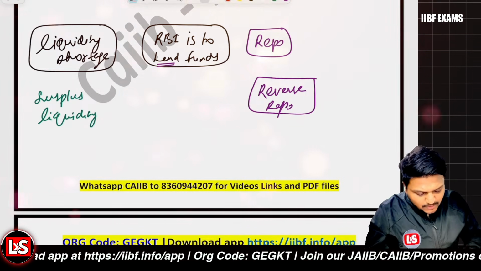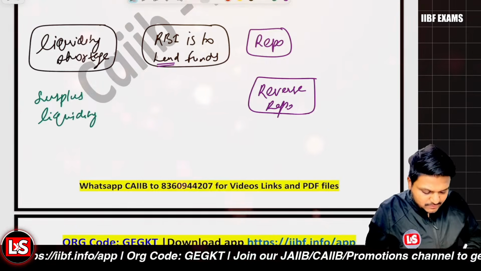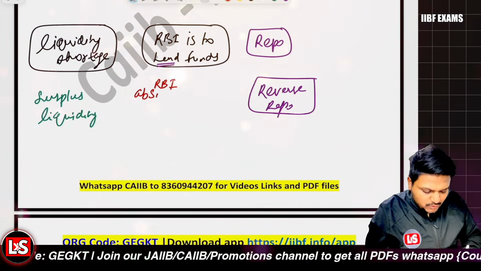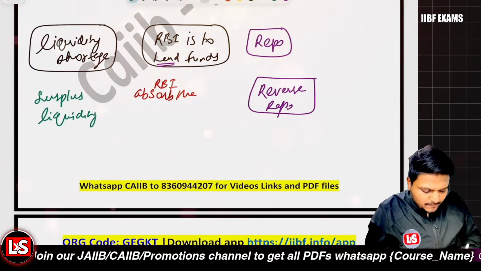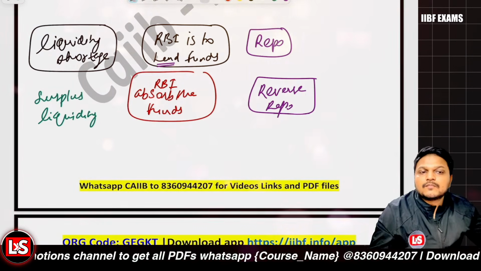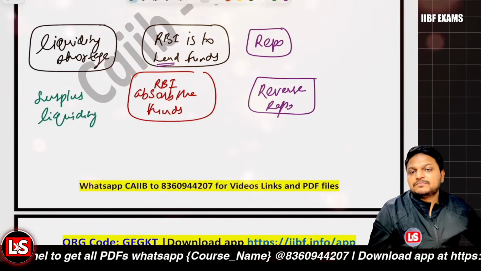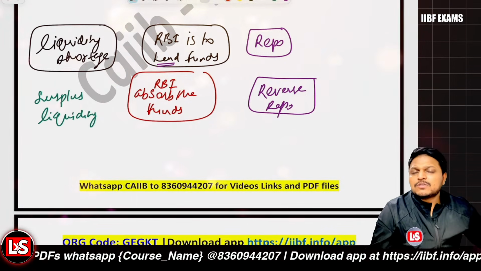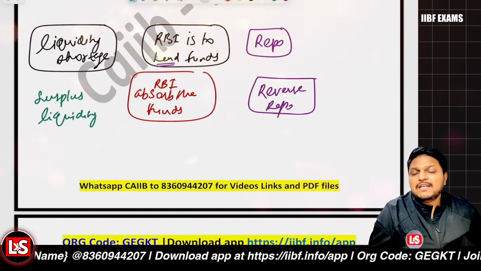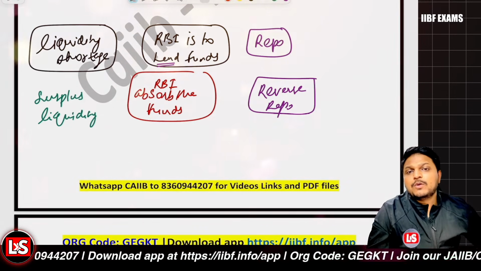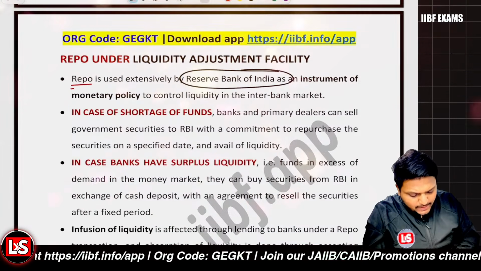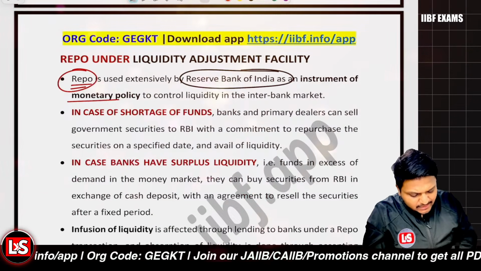In that scenario, RBI is going to absorb the funds. Clear with it? Do confirm at the earliest. So why is it used? It is used to stabilize short-term interest rates, to manage inflation, and to manage liquidity. Clear? So RBI uses the repo and reverse repo intensively under monetary policy.